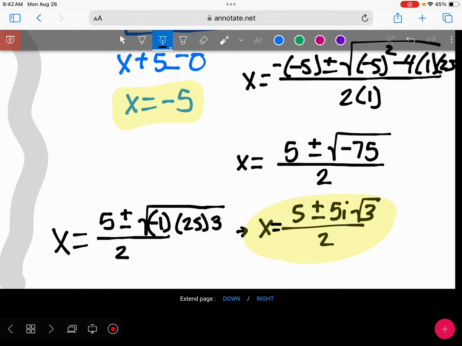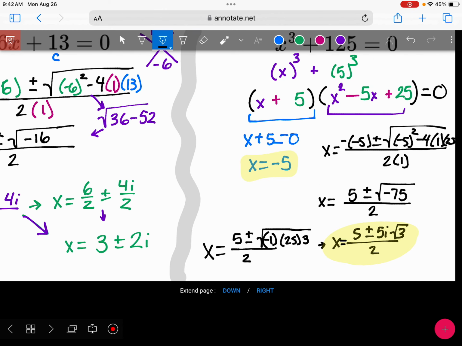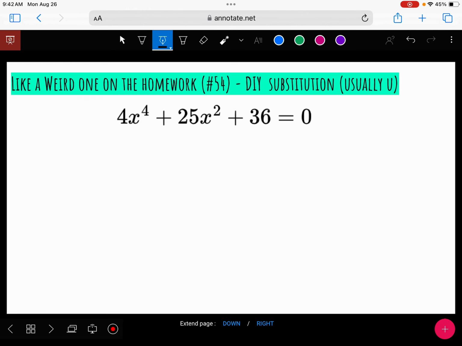We will do one more of these tomorrow because there's a funky solving thing I want us to do, but I don't want to have to rush it. So I am going to push the homework back a day because number 54 on the homework looks like this.